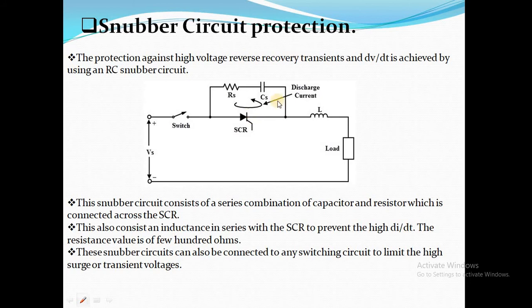This makes the SCR forward biased. As the SCR is forward biased, it starts conducting, and the conducting SCR acts as a closed switch.